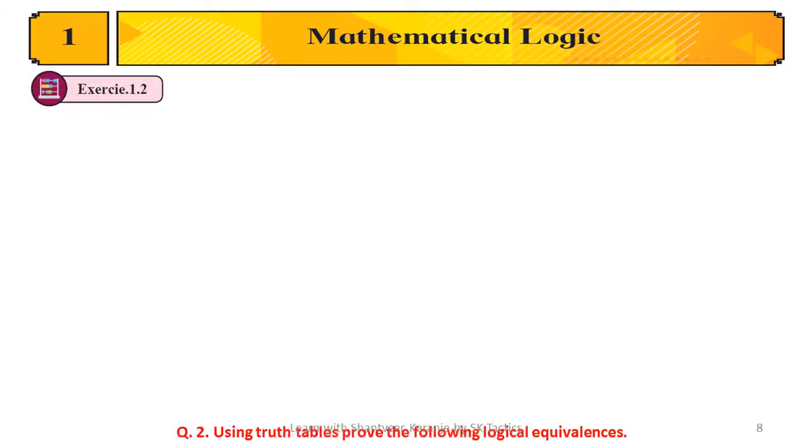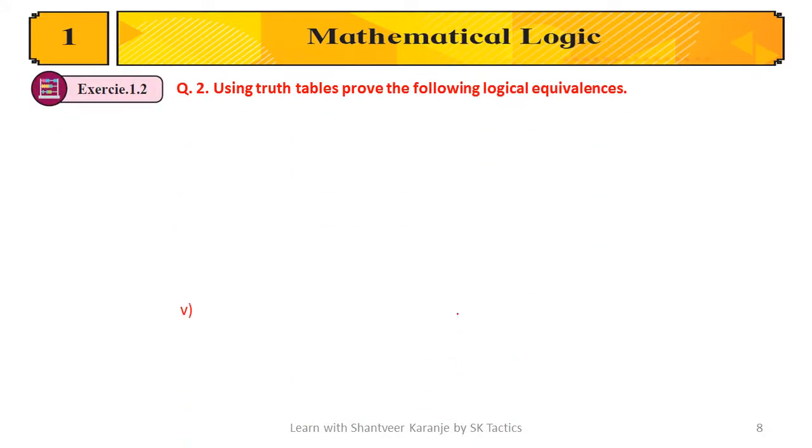Now the next question, exercise 1.2, fifth question: P or Q implies R is equivalent to P implies R and Q implies R. Here three components are there, so we need to go with 8 possible outcomes in the truth table.